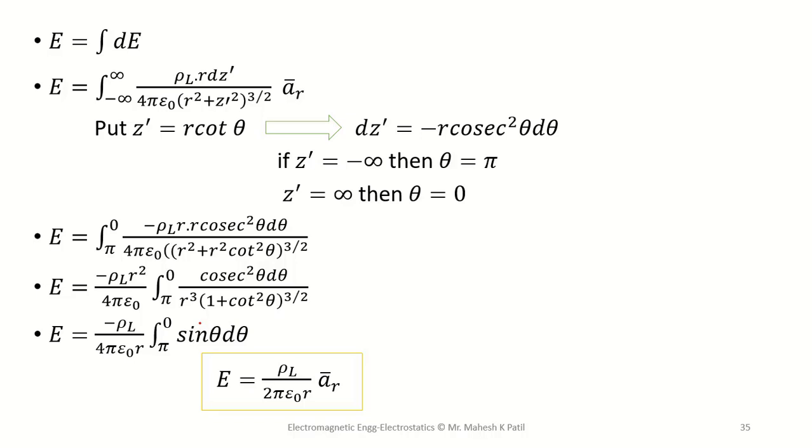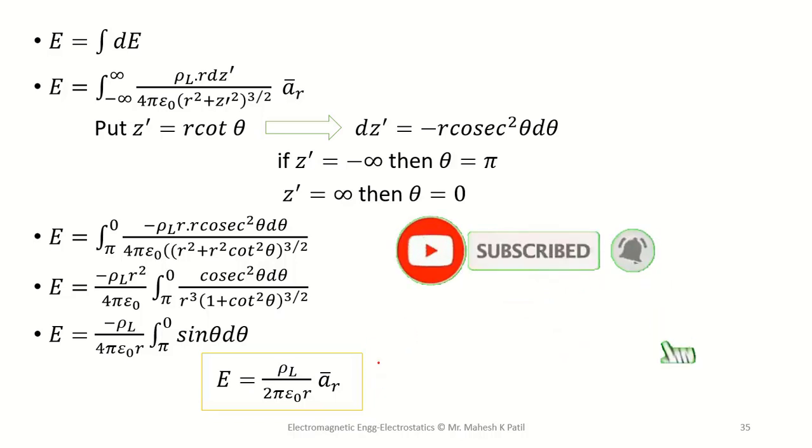So this minus sign and this minus sign will become plus, and 2 upon 4 will become 1 by 2. Therefore the final answer is E equal to rho L upon 2 pi epsilon naught r AR bar. So this is the electric field intensity due to line charge distribution.